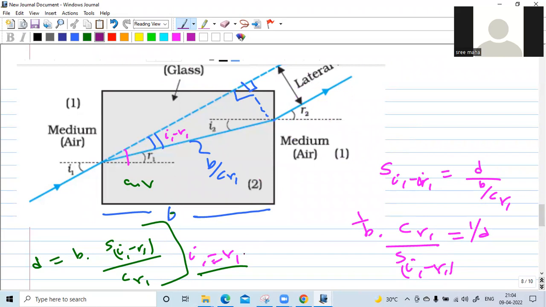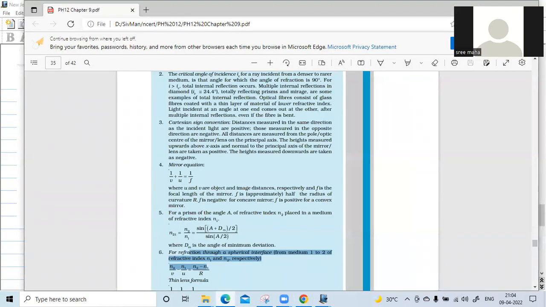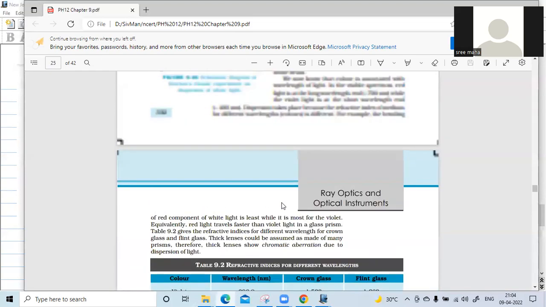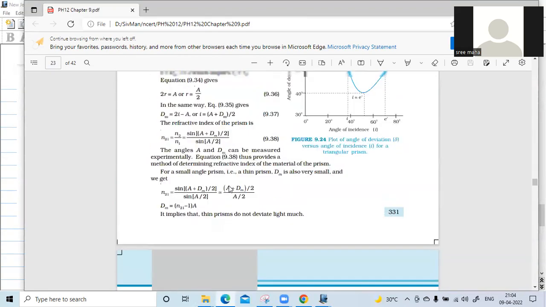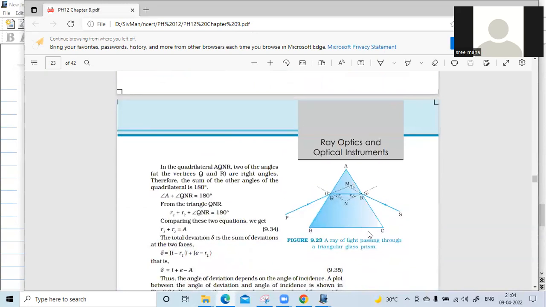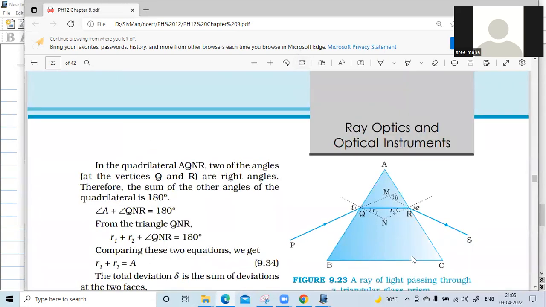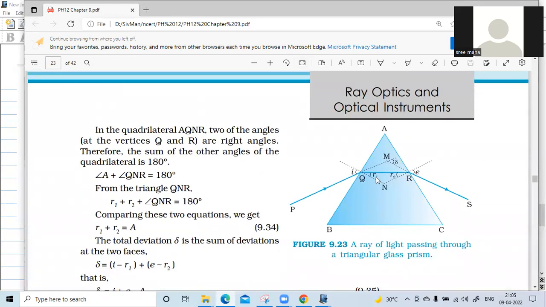Since it is not parallel, we will get a different diagram. Again, all these things are valid. Sin I by sin R1 equals mu2 with respect to mu1. Similarly, here also we can apply that.